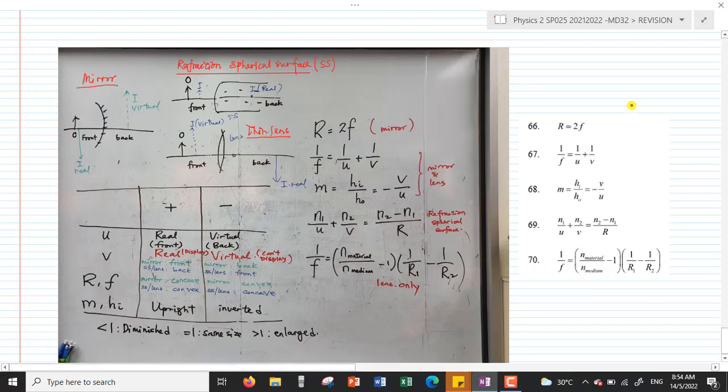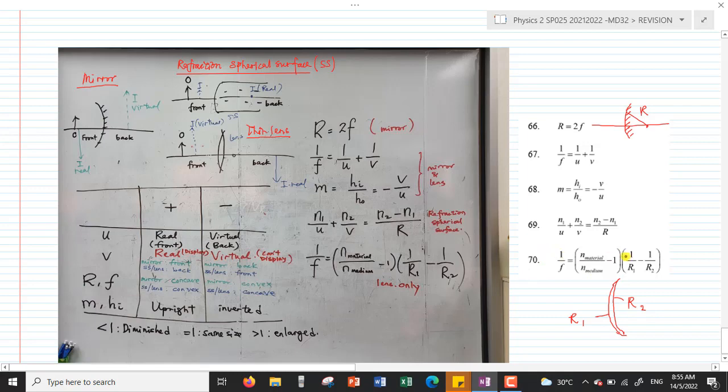For a mirror, we only have one spherical surface, so we only have one R. But a thin lens is a combination of two spherical surfaces. We have the first spherical surface R1 and the second spherical surface R2.